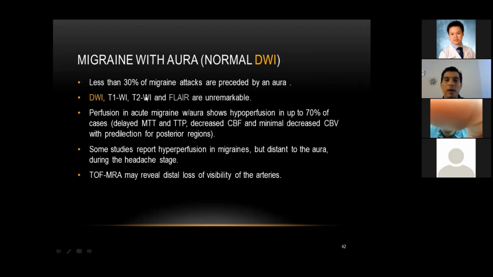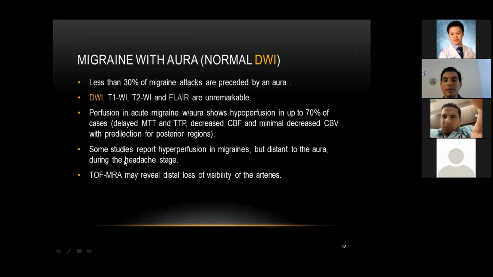The T1, T2, FLAIR are unremarkable, that is true. And perfusion in acute migraine could be decreased in some studies, but some other studies say that this is not completely true in all patients, and some studies report that there is hyperperfusion at the moment of the headache.